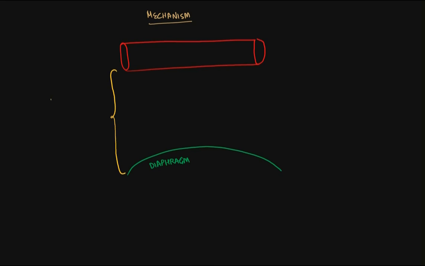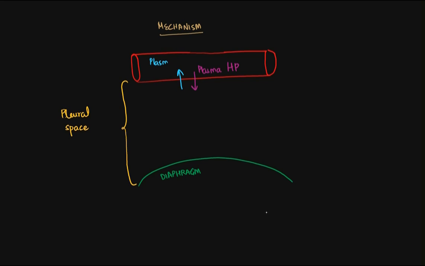The fluid within the vessels is in dynamic motion with its surroundings, which is governed mainly by four forces: the plasma hydrostatic pressure, tending to push the fluid out; the plasma oncotic pressure, which tends to pull the fluid into the vessels; the tissue oncotic pressure, which is the pleural space oncotic pressure, which tends to pull the fluid out of the vessels; and the tissue hydrostatic pressure, which pushes the fluid back into the vessels.